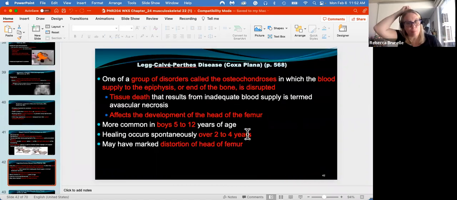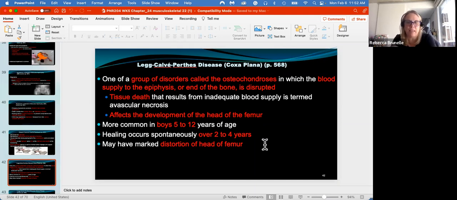And then Legg-Calvé-Perthes is a change or a disruption in the blood flow to the femur head. So it can cause more long-term problems because there can be necrosis of the femur head because it's not getting normal blood flow. But having said that, it usually goes away without any treatment.